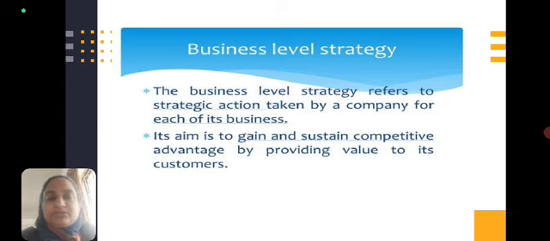Its aim is to gain and sustain competitive advantage by providing value to the customer, where he has to plan for giving a valuable product to the end customer, as well as plan to sustain in the market in the competitive world along with his competitors.